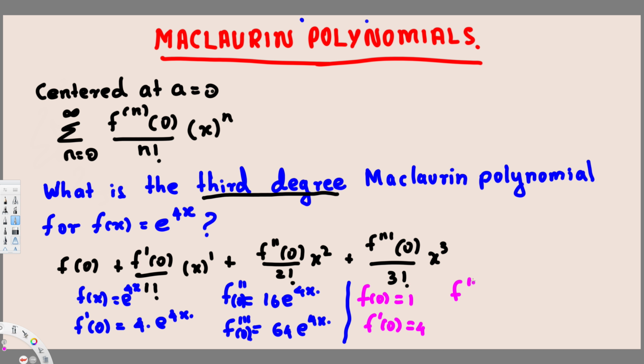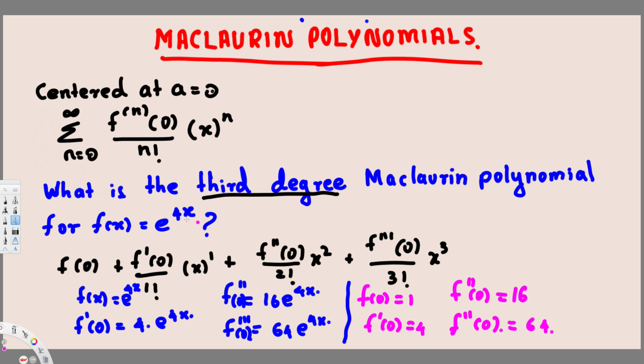The next one, f double prime 0: 4 times 0 is 0, e to the 0 is again 1, and 1 times 16 is 16. And f triple prime 0 is 64 times 1, that's 64.